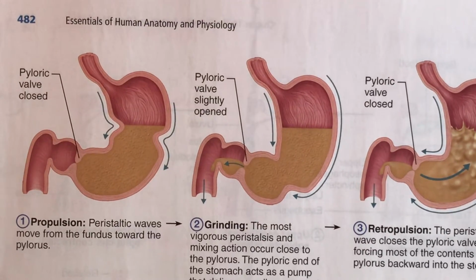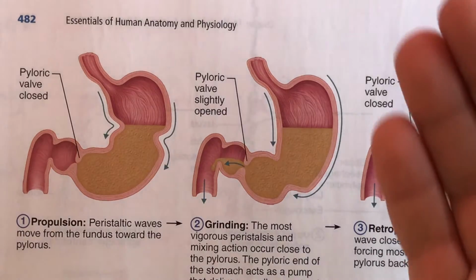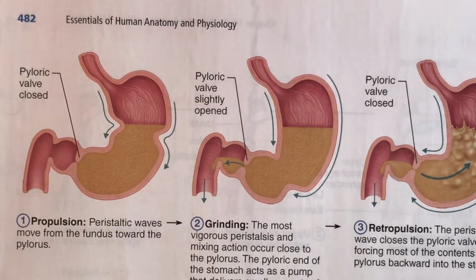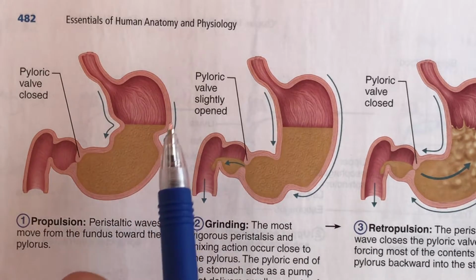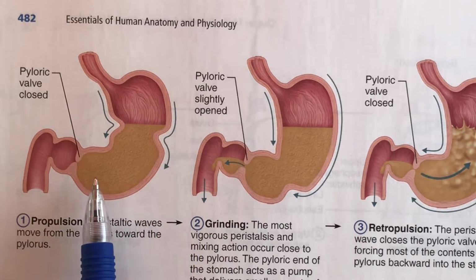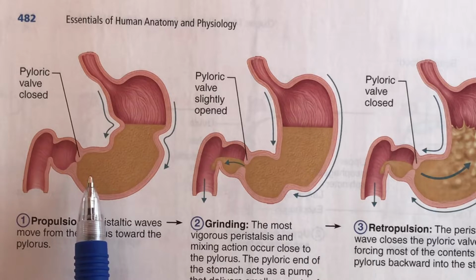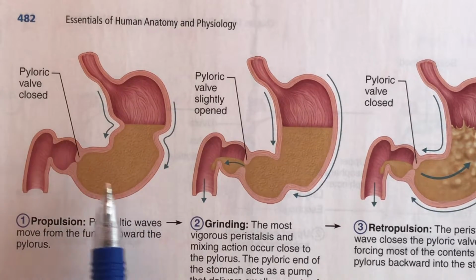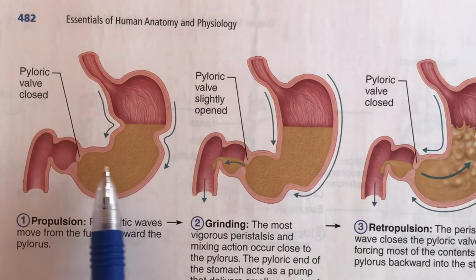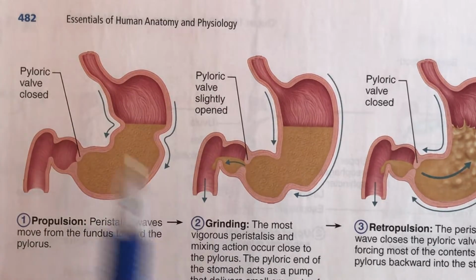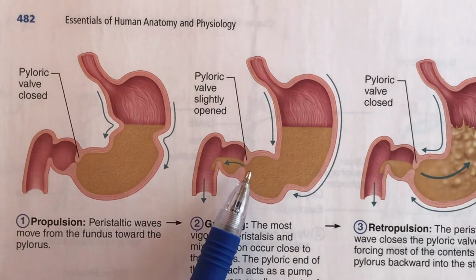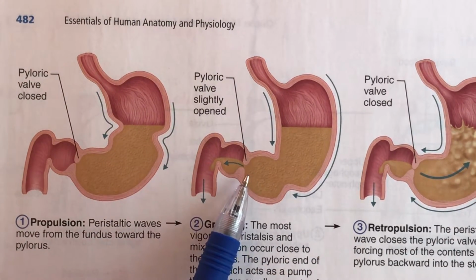So the first word, propulsion. This is the forceful contraction of the stomach, forcing food in the forward direction. Then at the end of the stomach, in the pyloric region, we have this word called grinding, where it's really forceful trying to get food through the pyloric sphincter.